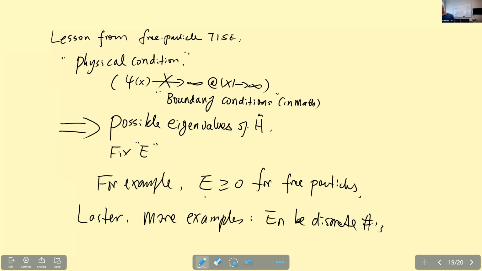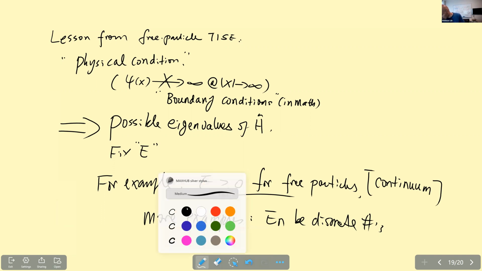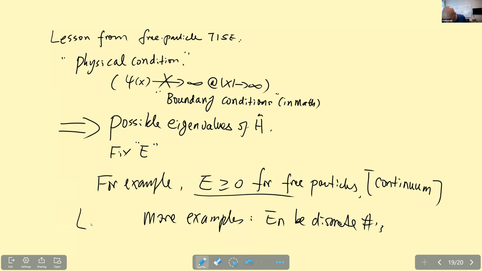Unlike free particles, where E is a continuum, we're going to see more examples where the energy is going to be fixed as only discrete values.